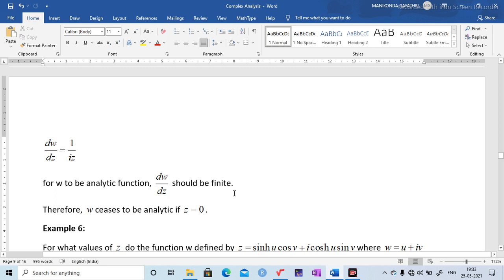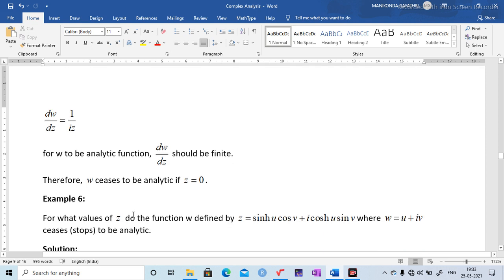Here we want where it ceases to be analytic. That's why this value becomes infinity. This value becomes infinity whenever z equal to 0, 0 into anything is 0, and 1 by 0 is infinity. That means when z equal to 0, w ceases to be analytic.